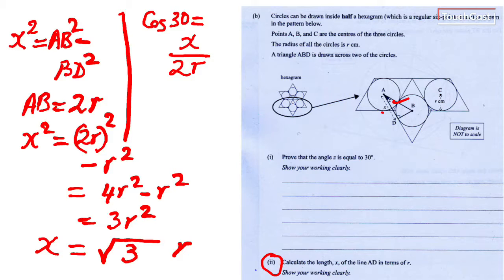So cosine is basically adjacent, which is x, that's the one, over the hypotenuse. And from the previous explanation, we know the length of AB is 2 lots of r.